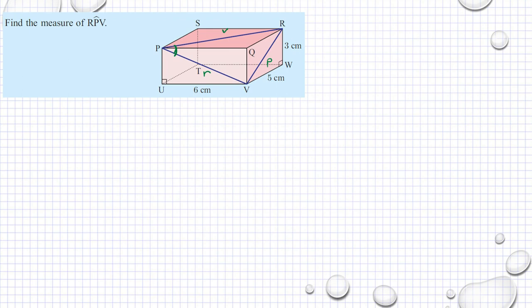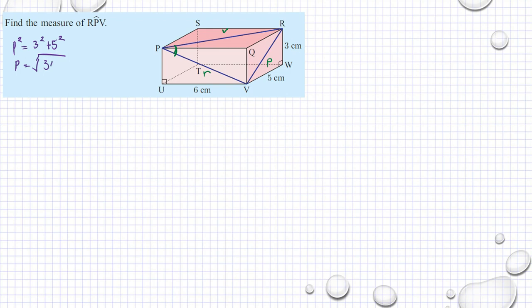How to find that? Pythagorean theorem. For our p, we have p squared is equal to 3 squared plus 5 squared. And we have p is equal to the square root of 9 plus 25. What will be? 33? 34?